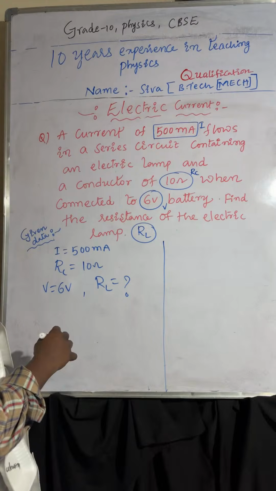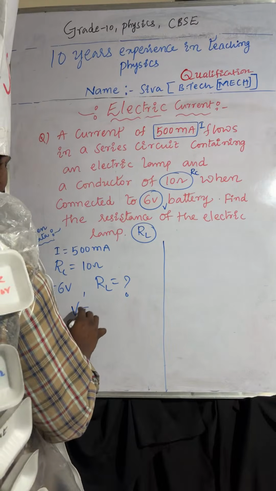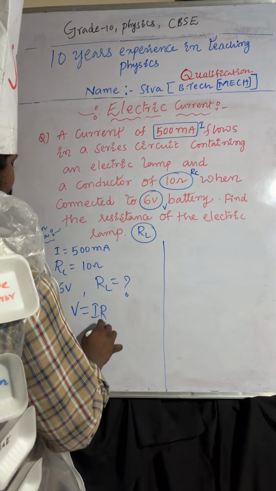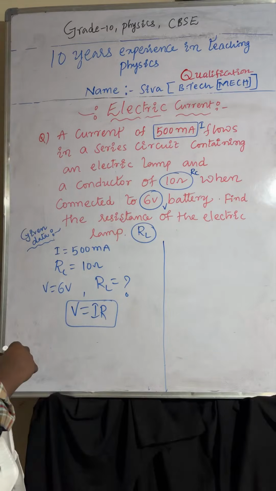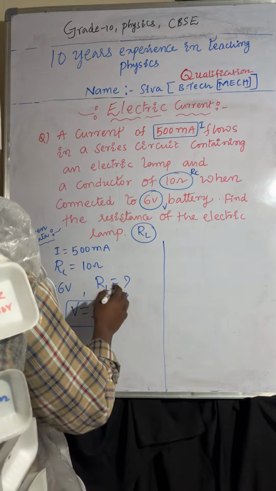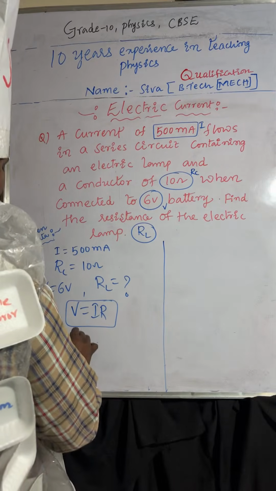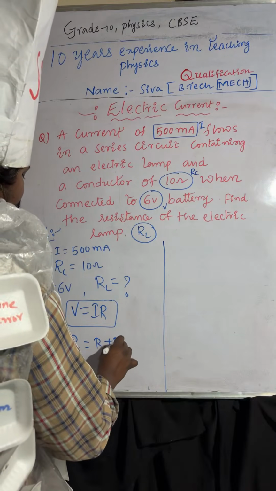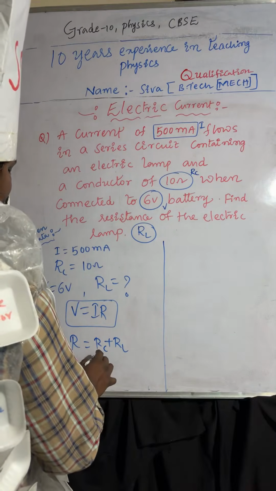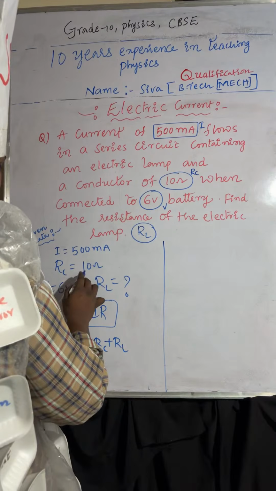From Ohm's law, V equal to IR. Understood or not? V is given, and for R we have to take RC plus RL. RC is given, 10.